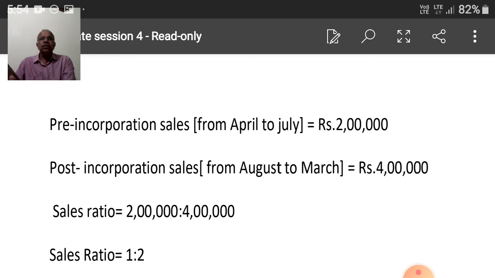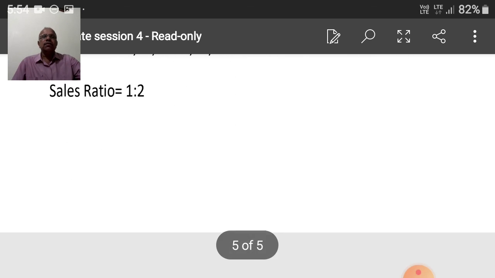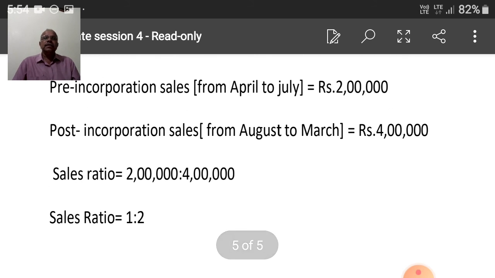The sales ratio is equal to pre-incorporation sales to post-incorporation sales, 2 lakh to 4 lakh.